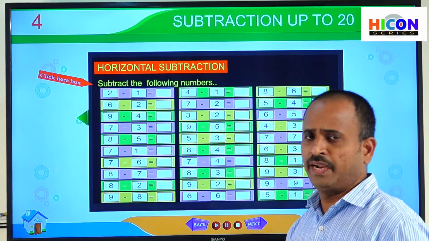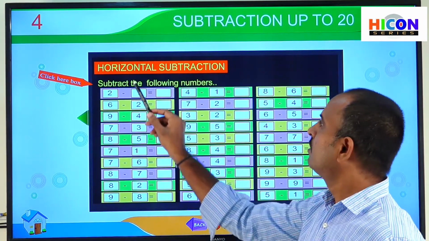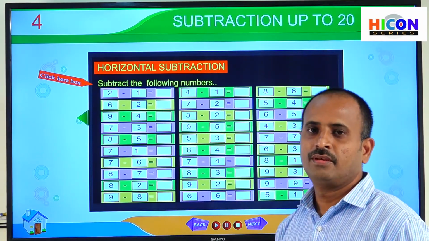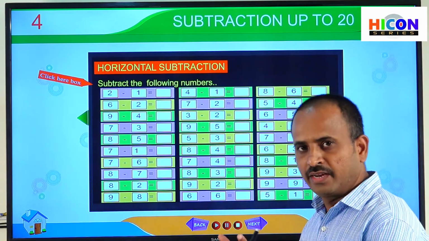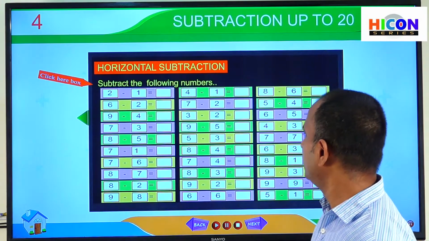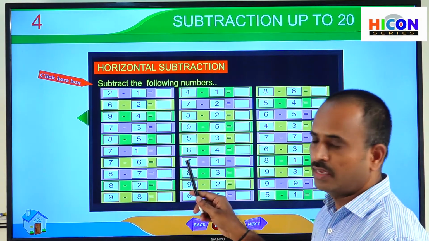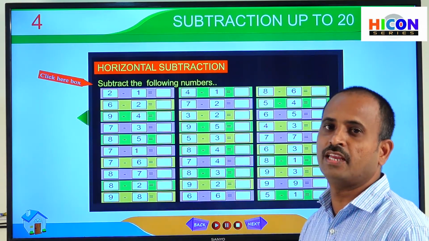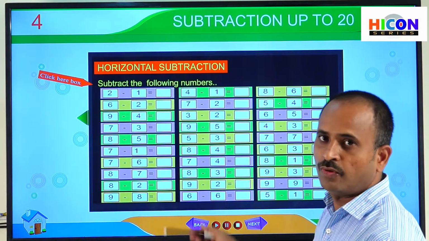So let us practice some problems on horizontal subtraction. Then we will get a clear idea of how to do horizontal subtraction. So children, see, so many problems are given. So let us do the horizontal subtractions one by one.